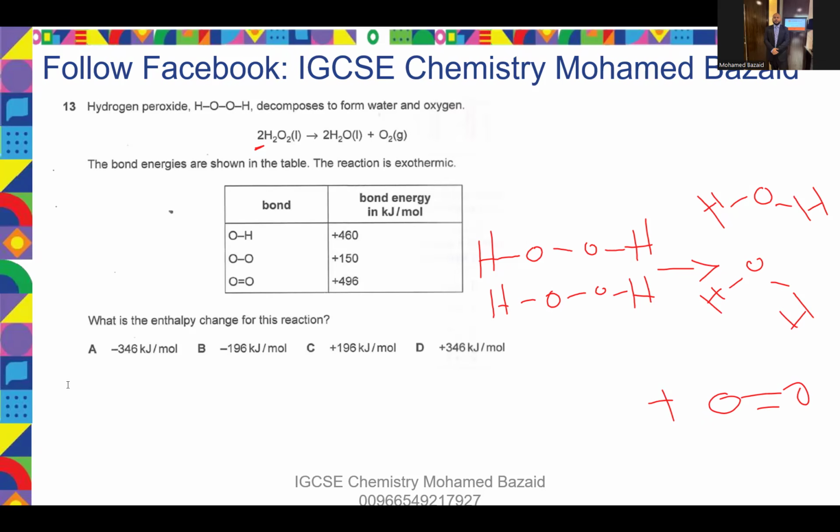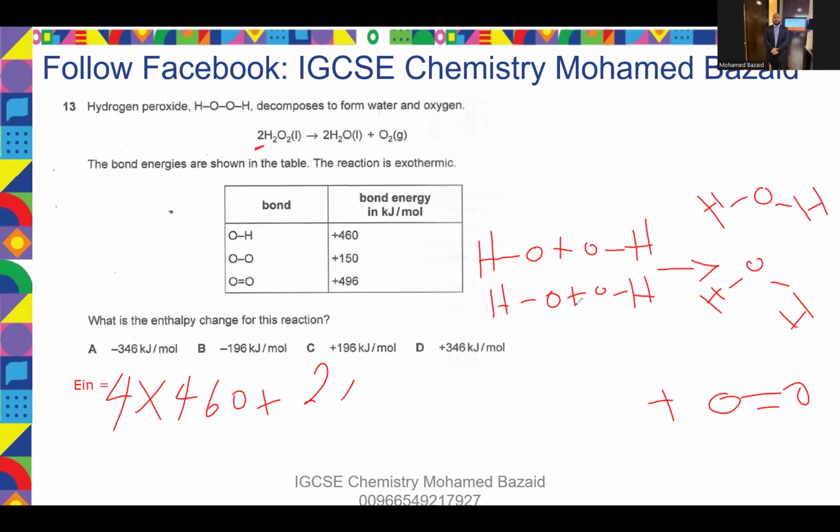I will find energy needed to break down the bond, which is energy in, so let's count. Look here, you have O bond H the first, O bond H the second, O bond H the third, O bond H the fourth. So you have 4 bond O bond H. The value of O-H bond is 460 plus O bond O. Here this is a bond, here this is a bond.